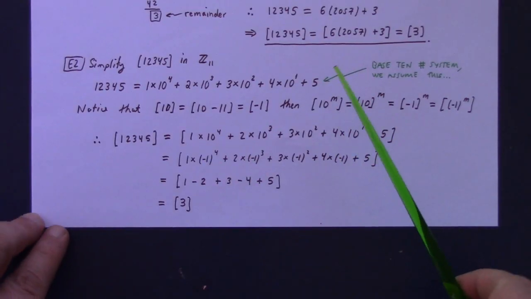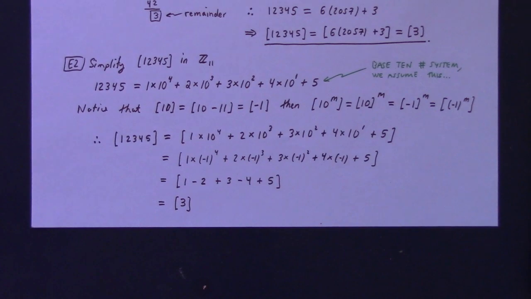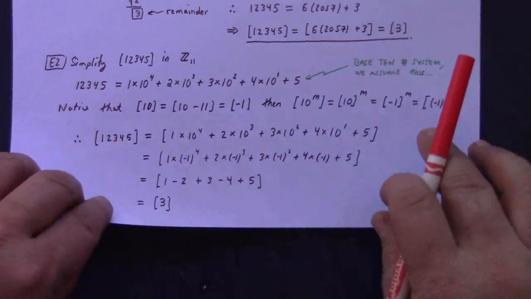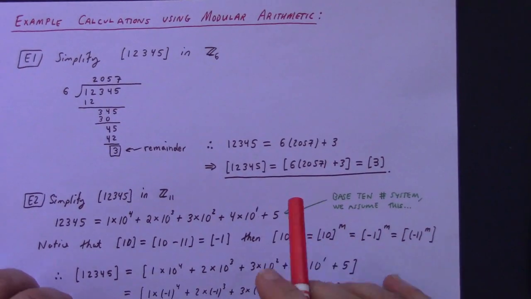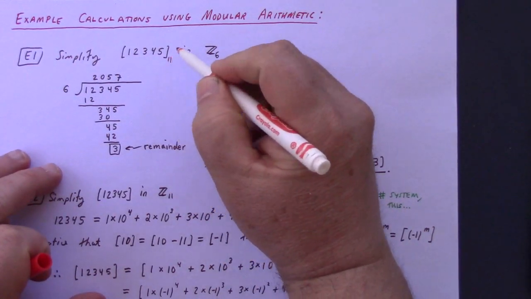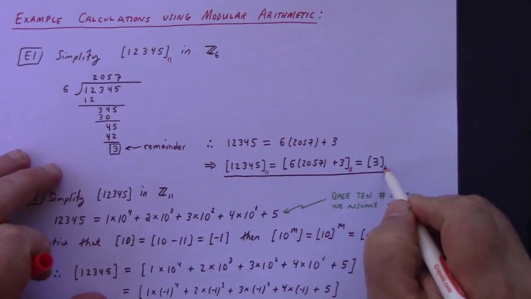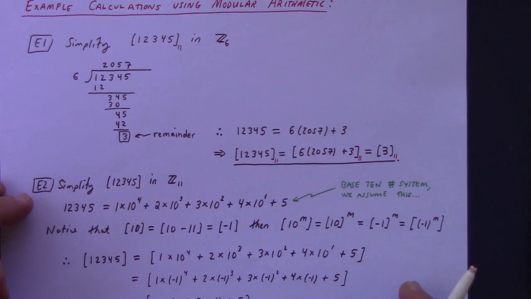So here, calculating the equivalence class, and if there's ambiguity, sometimes I add a little subscript to tell you that I'm working with equivalence classes mod 6 in the first one.